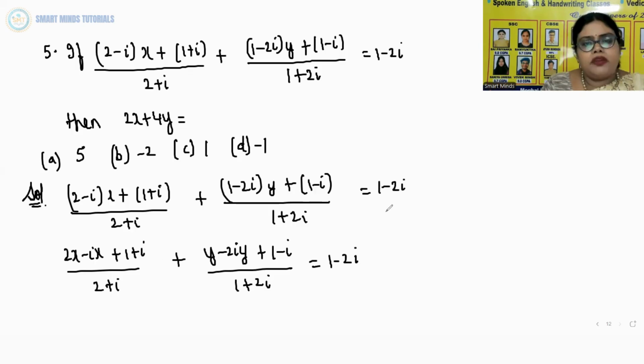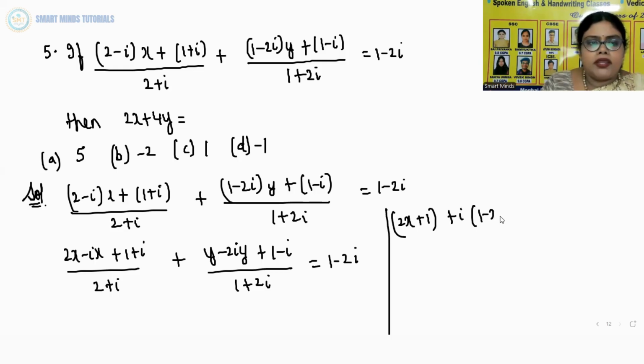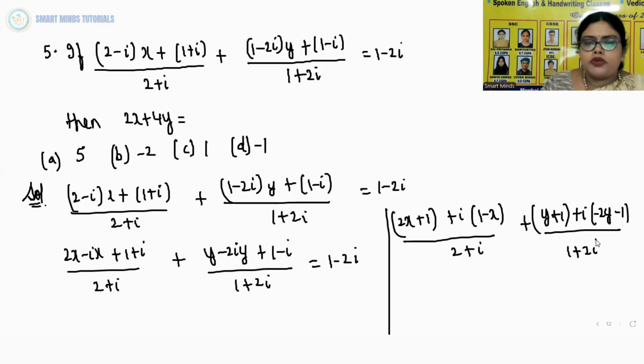Now we need to separate real and imaginary parts. So (2x plus 1 plus i into (1 minus x)) by (2 plus i), plus (y plus 1, and if we take i common, minus 2y minus 1) by (1 plus 2i) is equal to 1 minus 2i. Now I will rationalize the two terms on the left hand side.